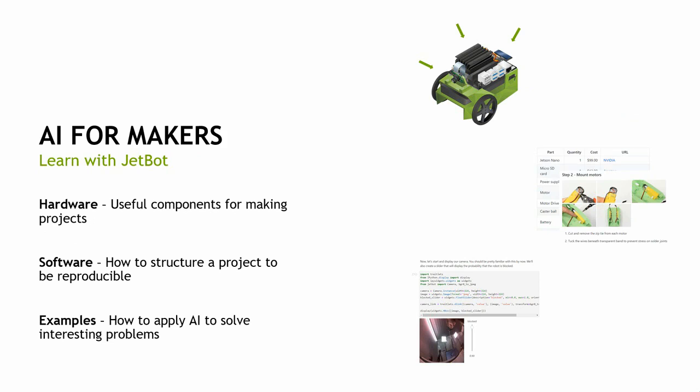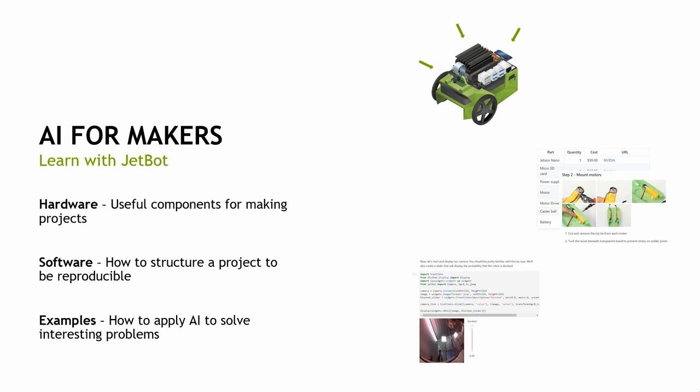We hope to teach you how to create projects with Jetson Nano by running through JetBot. So the way we'll structure this webinar is we'll first cover the hardware that we used in JetBot, where you can discover components that will be useful for your own projects. We'll then run through the software setup, including how to create an SD card from scratch, so that you'll learn how to structure your project to be reproducible.